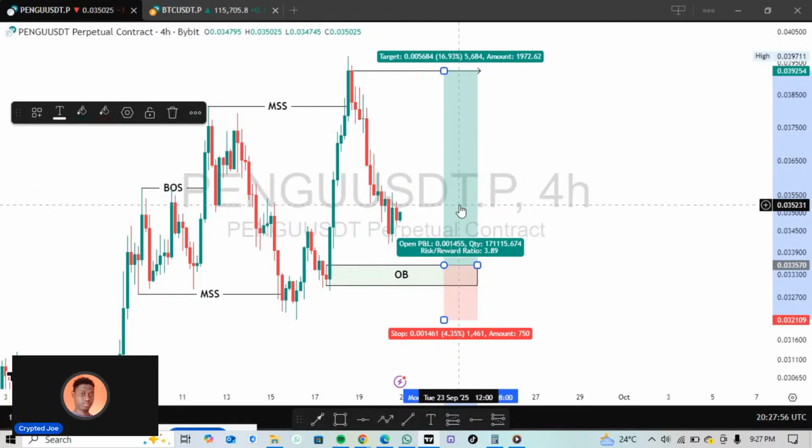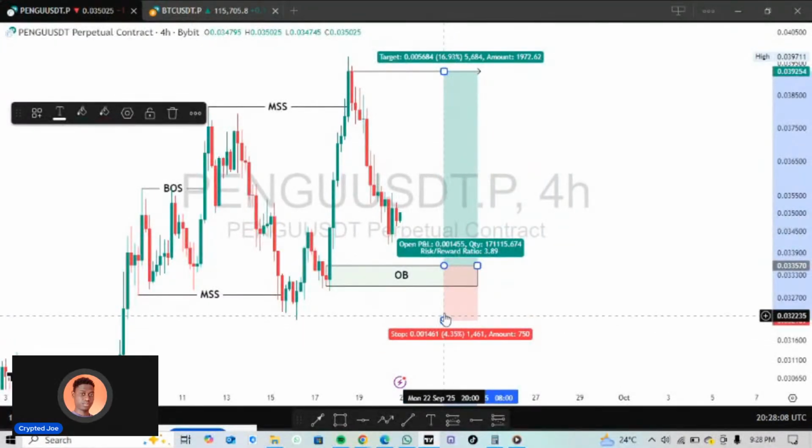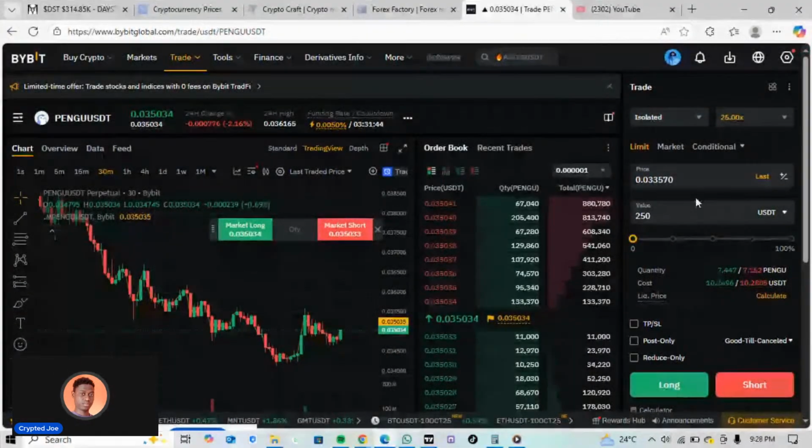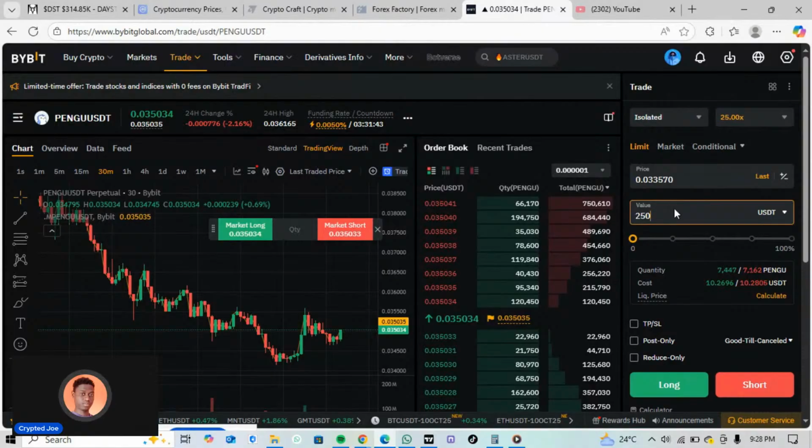So let's say a $200 account, I want to lose $10 on all trades. Let's say in this particular trade example now, I will divide 10 by 4.35. This is the stop loss percentage. So you divide the risk amount by this one. Whatever answer you get or the value you get in your calculator, that is what you type in here as your order price, as your order value.